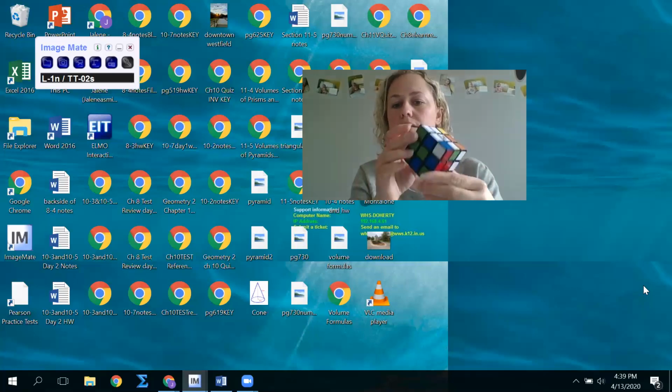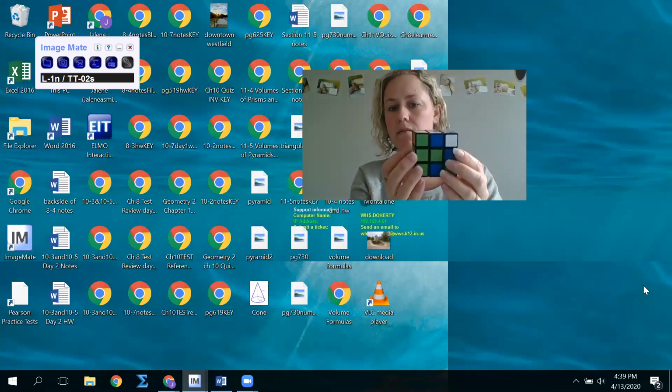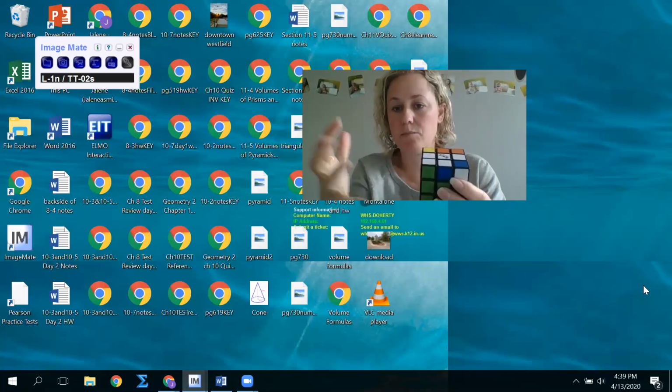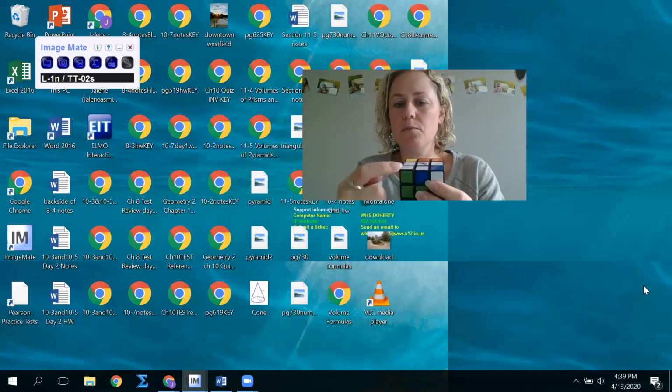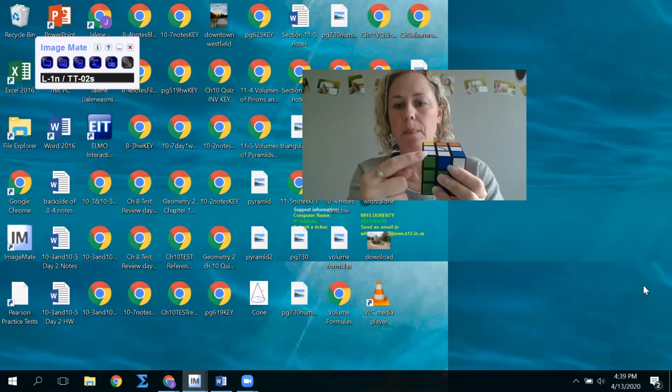So this prism, if we assume, and I didn't actually measure these, but I'm gonna just pretend that this cube here is a centimeter by a centimeter by a centimeter. So we're gonna say each one of these cubes is 1 cubic centimeter, or 1 centimeters cubed, okay?